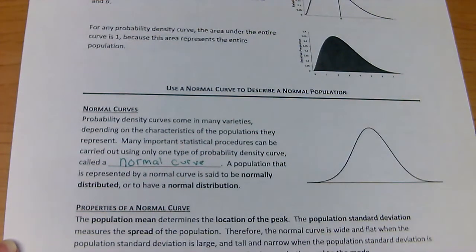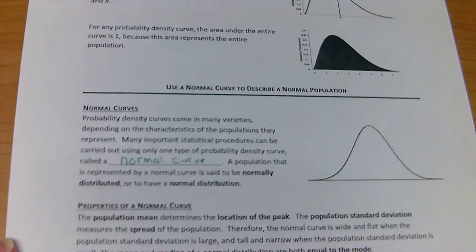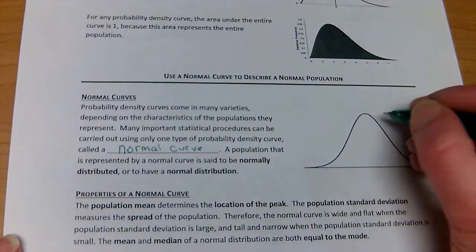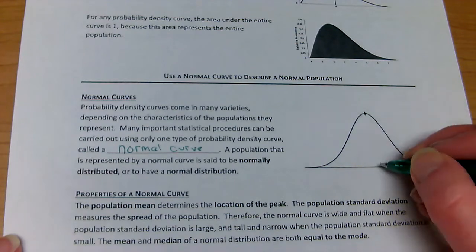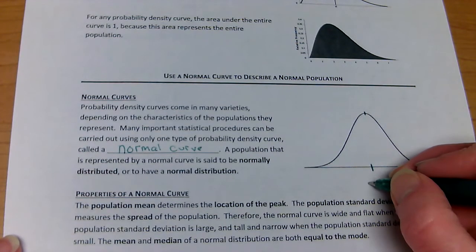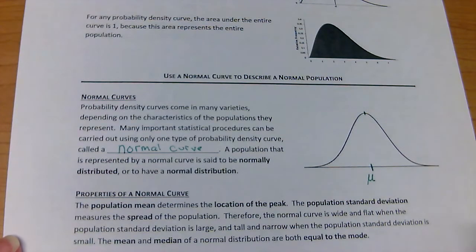A population represented by a normal curve is said to be normally distributed, or it has a normal distribution. Now, some of the properties of a normal curve. The population mean is going to be the location of the peak. So that highest point is going to be my mean. So I'm going to put the symbol for population mean, mu.